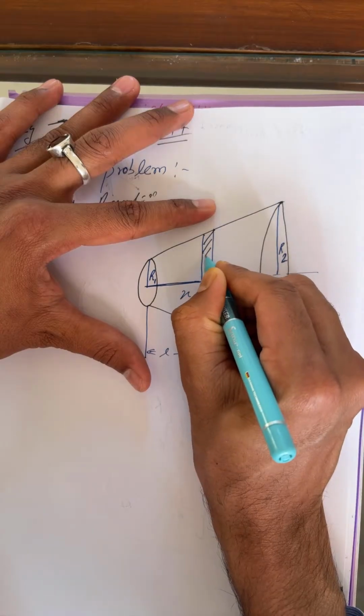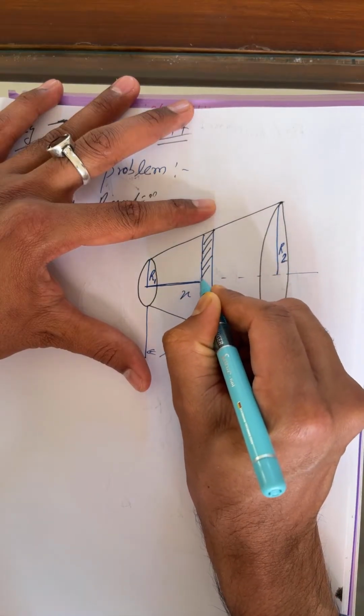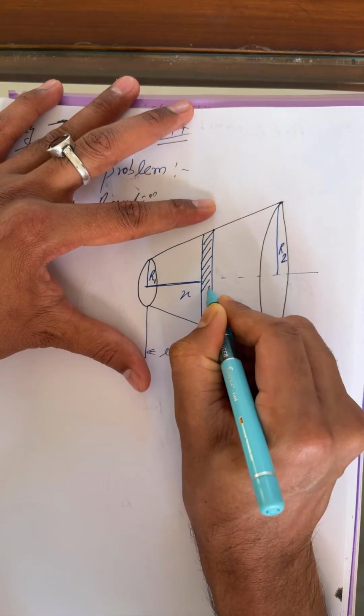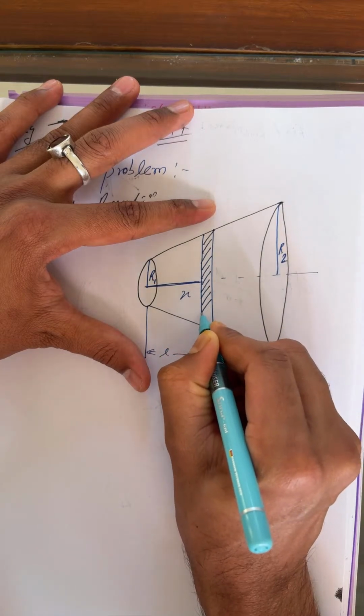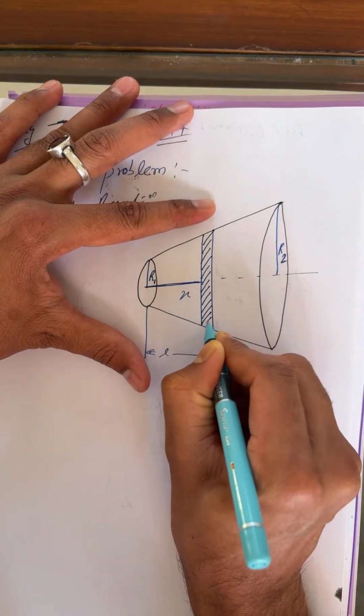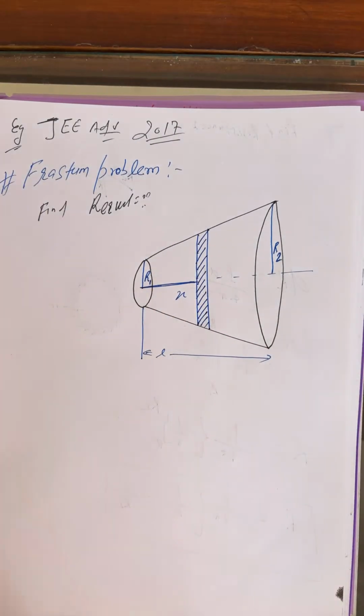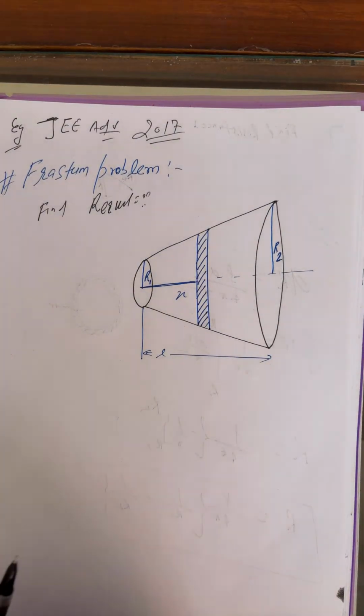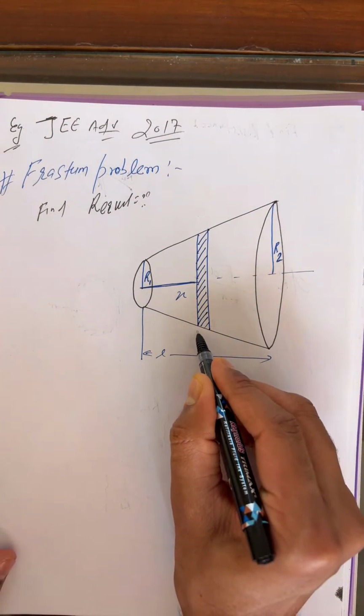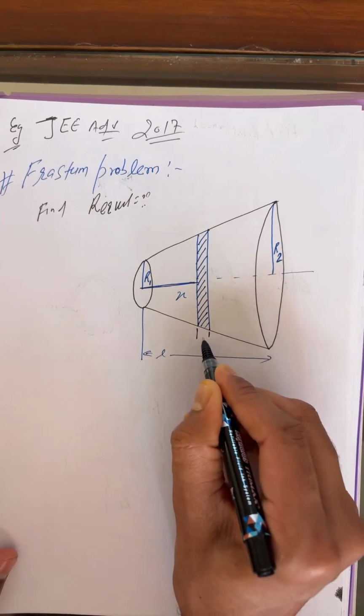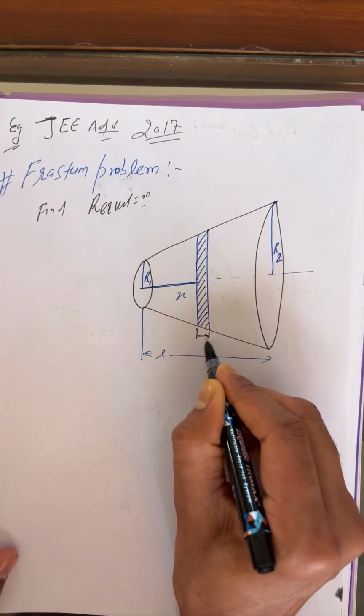This is the primary thing for this question. Student, you have to move x and take an element dx. So what is dx? The element you have taken. It's a disk.